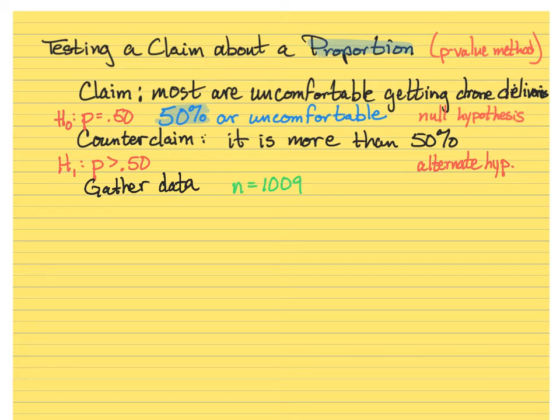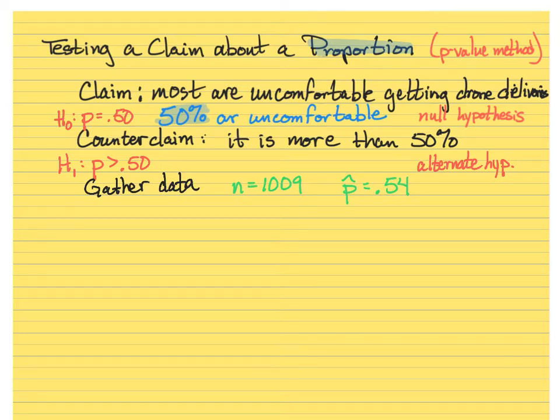And from that, we find that p hat, which is our proportion of people that are uncomfortable, is 0.54, right? So we look at that real quick and we say, oh yeah, 54% were uncomfortable. You said that 50% were uncomfortable. We thought that was too low.